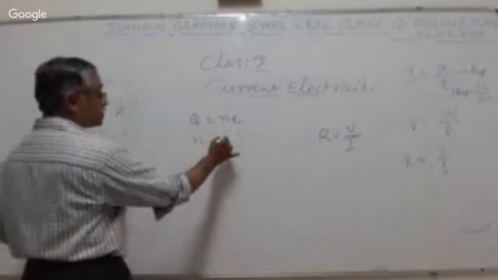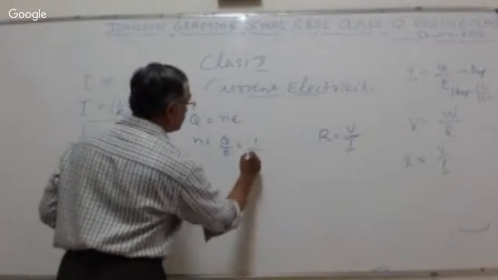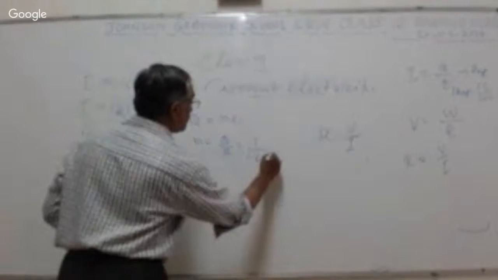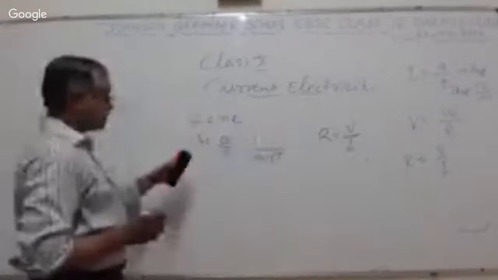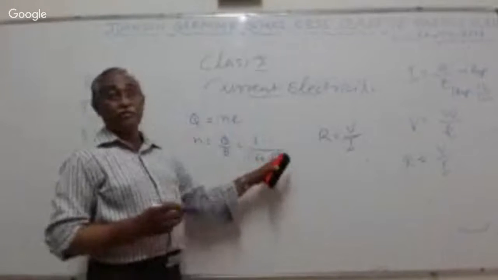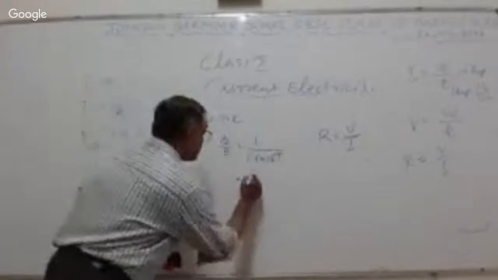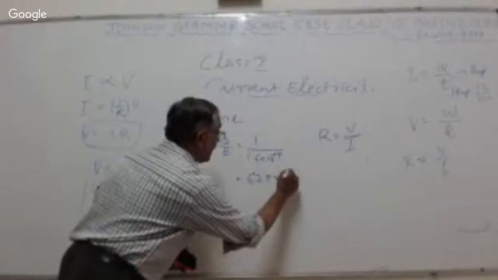Suppose Q is 1 coulomb, so 1 by the charge of an electron, 1.6 into 10 to the power of minus 19 coulomb. So the number of electrons for 1 coulomb is 1 by 1.6 into 10 to the power of minus 19. When you calculate this, it is 6.25 into 10 to the power of 18.